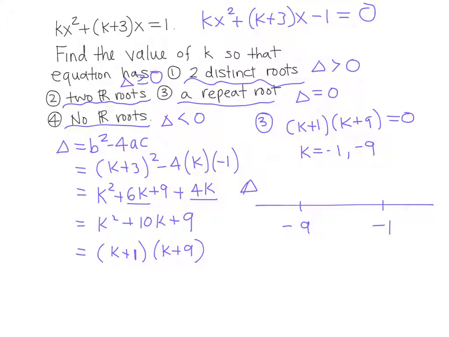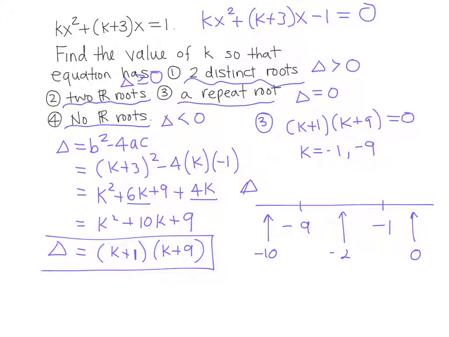So first we're going to plot some points that are less than -9, such as -10, in between -9 and -1, such as -2, and something that is greater than -1, always an easy one, that's a 0. We already solved that the discriminant is (k plus 1) times (k plus 9).